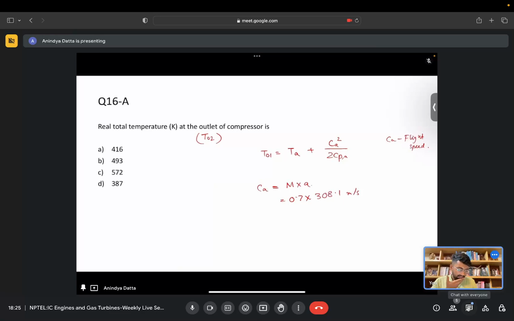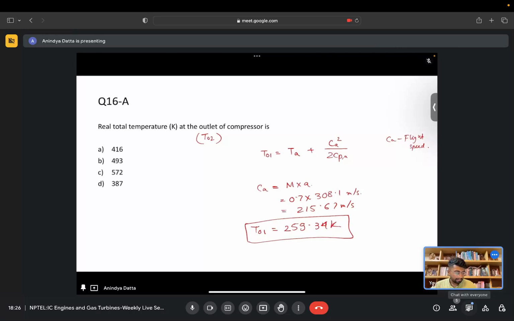If you put in the values here, we get Ca as 215.67 meter per second. So T01 will be 259.34 Kelvin. Now we know the stagnation temperature at the inlet of the compressor.